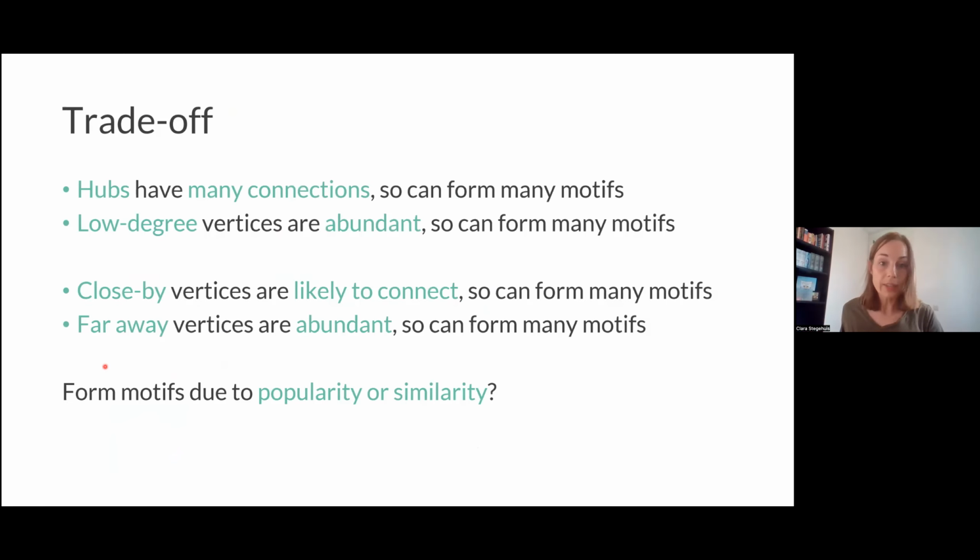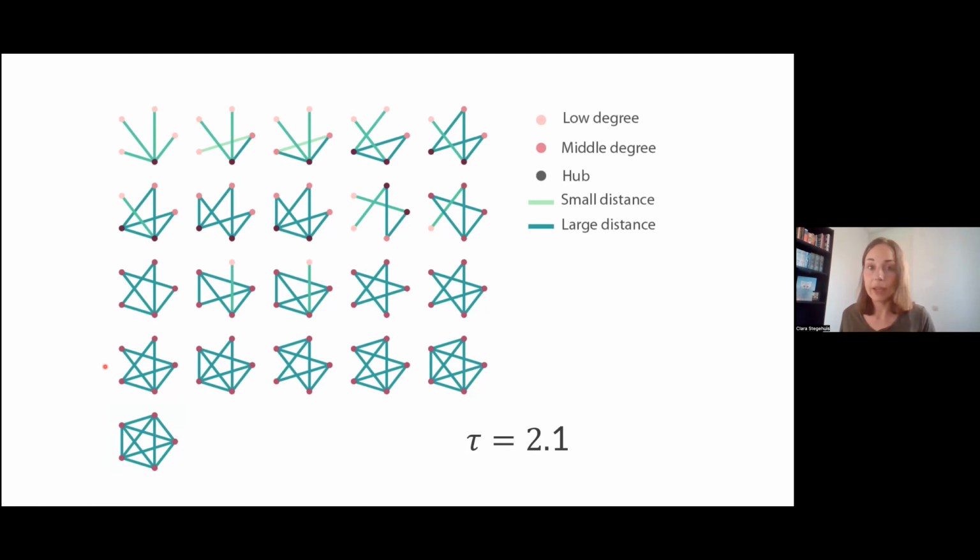Now, another question is, what about real-world data? We show that in some cases you're more likely to find, for example, these things, but also triangles on vertices with low degrees and sometimes on higher degrees. But then we usually see that triangles appear more likely on some middle degrees, and you don't find them just on all possible degrees in your network.